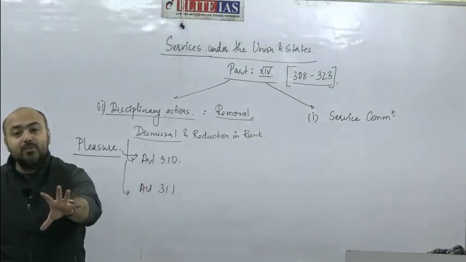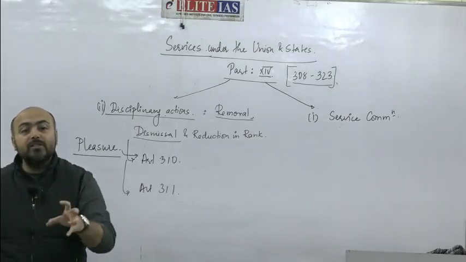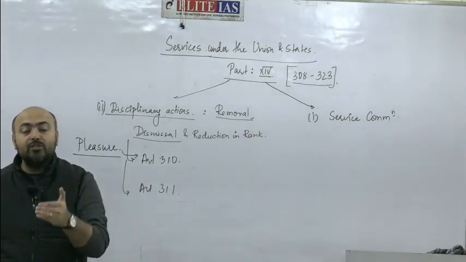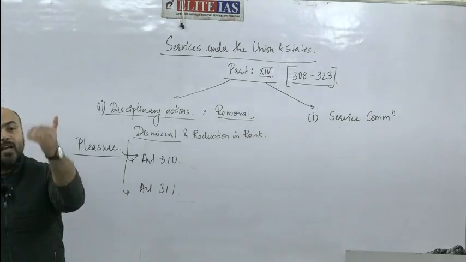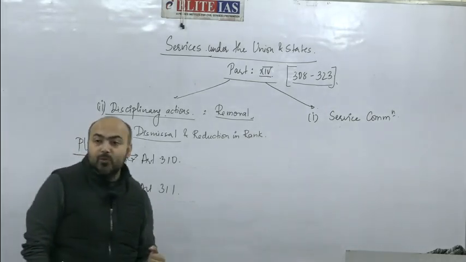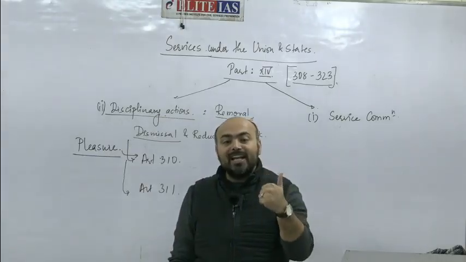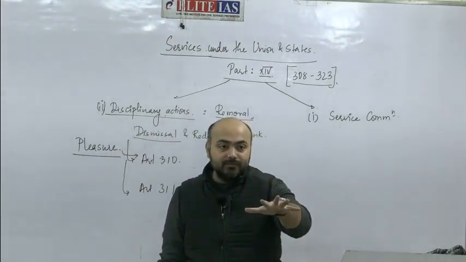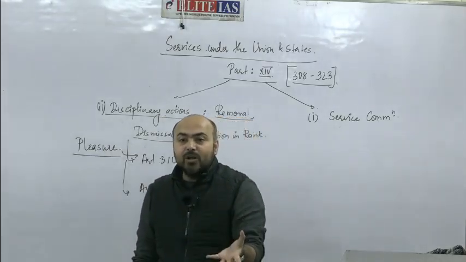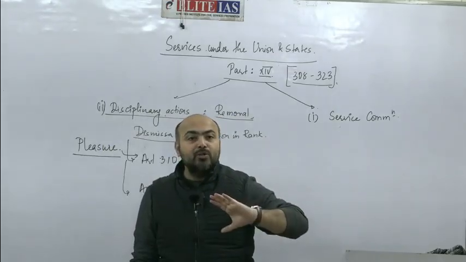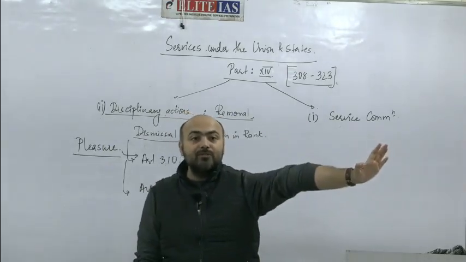Because the procedure itself becomes complicated, there are civil servants who are protected because they do not act in accordance with political directions. Rather than acting on political directions, they are neutral. When I say political directions, I do not mean that you do not follow the decisions of the Council of Ministers.